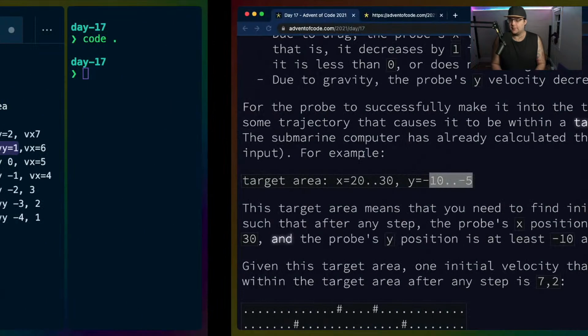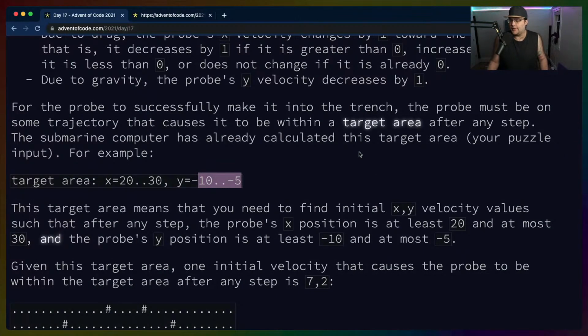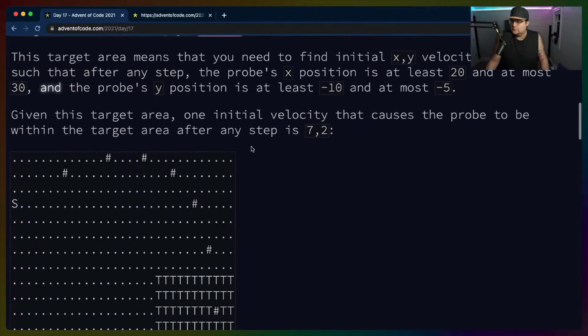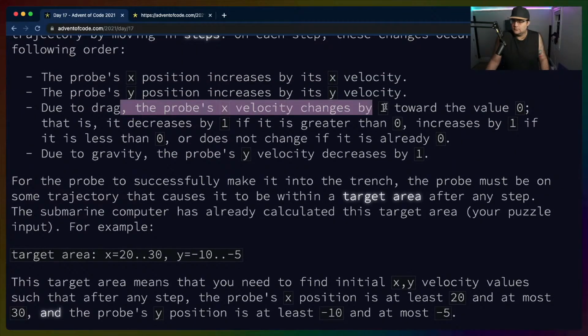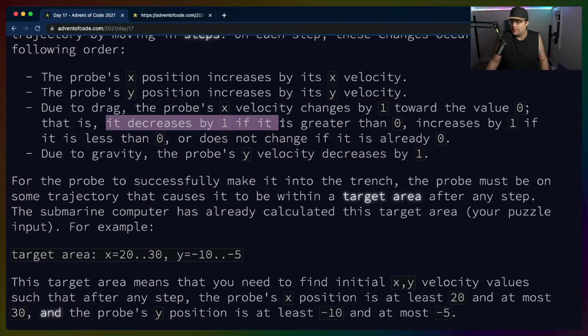And Vx changes based on, goes towards 0, right? Due to drag, the probe's x velocity changes by 1 toward the value 0. That is, it decreases by 1 if it is greater than 0.